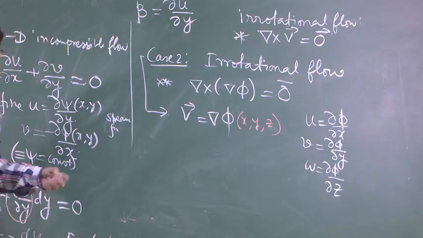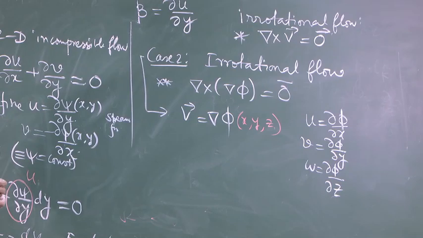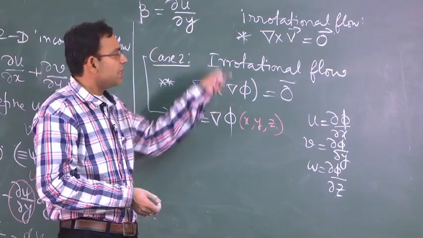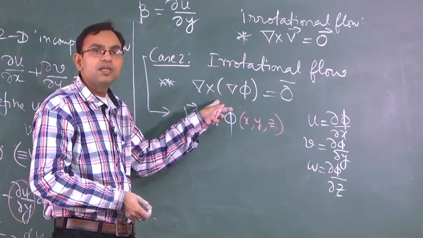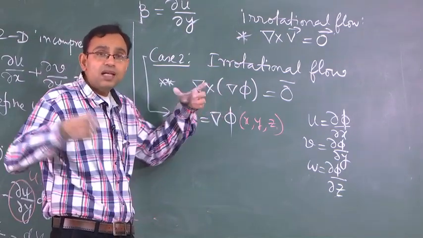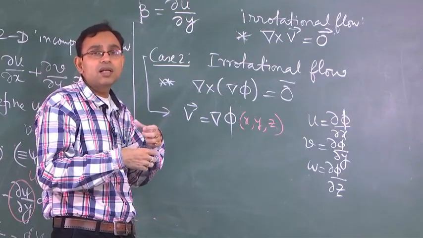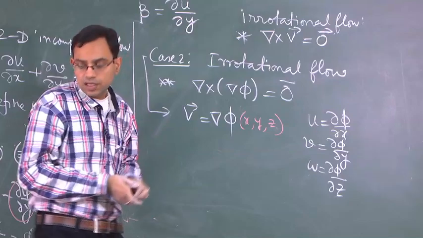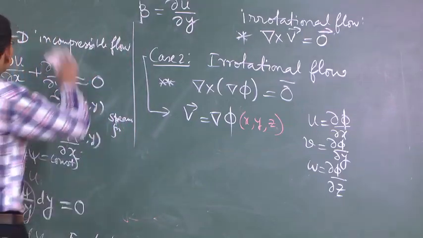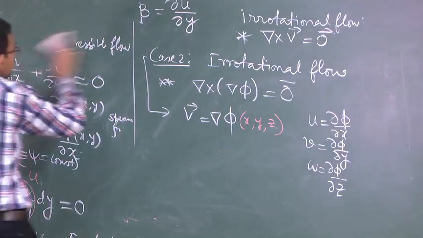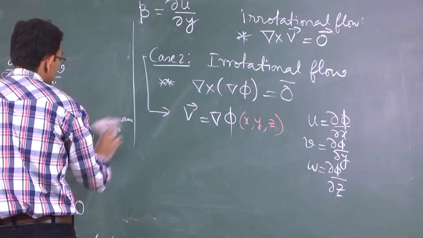Now, can there be situations when both phi and psi are defined? Psi is defined for 2-dimensional incompressible flow, phi is defined for any irrotational flow, maybe 2D or 3D. So, their intersection, when both of them are defined, is for 2-dimensional incompressible and irrotational flow. So, let us discuss that.